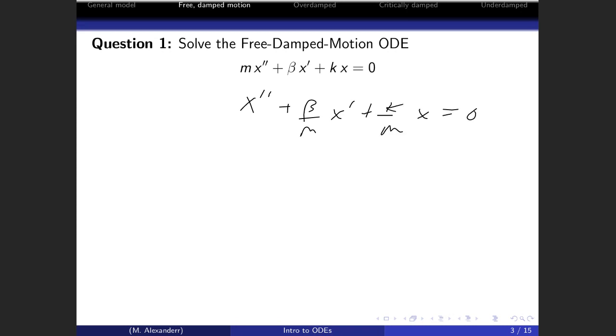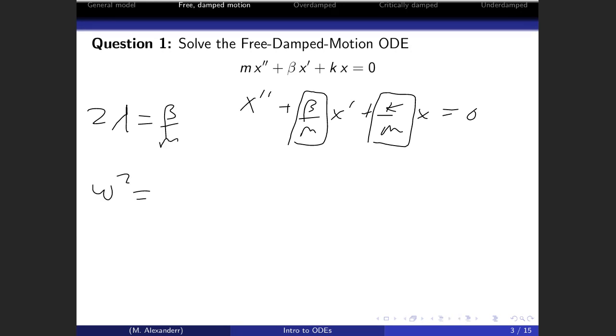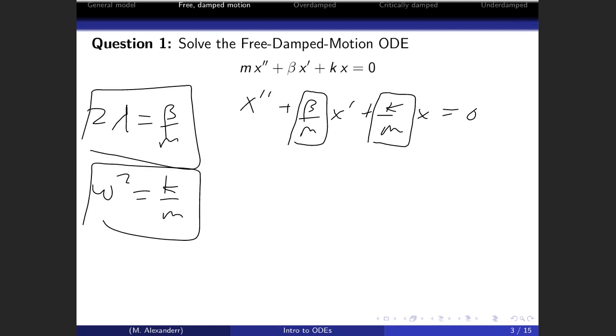And then in order to simplify the mathematics, we're going to do the following. We're going to make 2 lambda equal to beta over m, and we're also going to make omega squared equal to k over m. So we're making these identities to simplify the mathematics. And not only that, but omega also has a physical meaning to the situation that we have. We'll talk about that later.